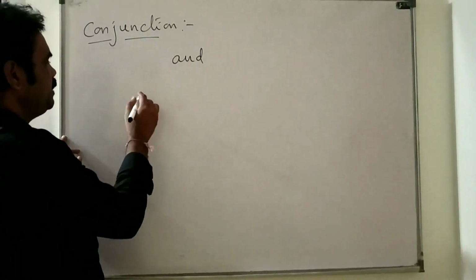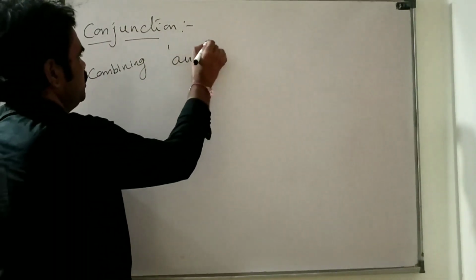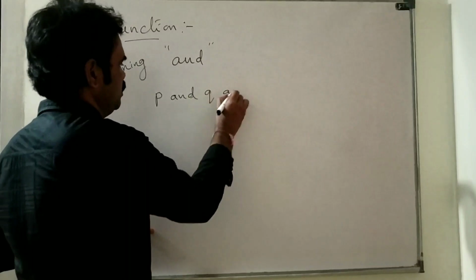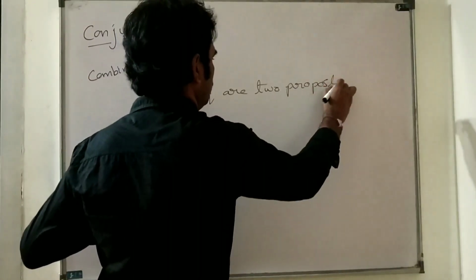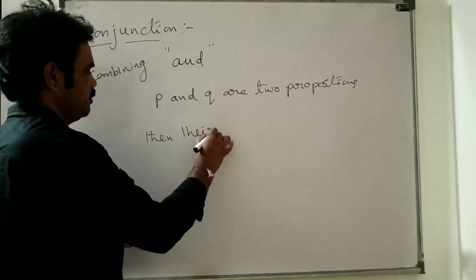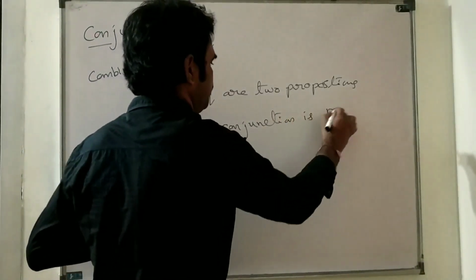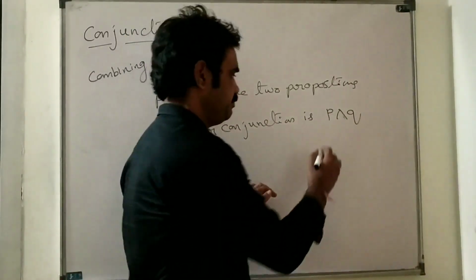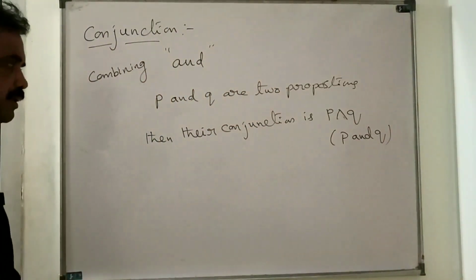If P and Q are two propositions, then their conjunction is P ∧ Q. Read as P and Q. This is conjunction of P and Q.